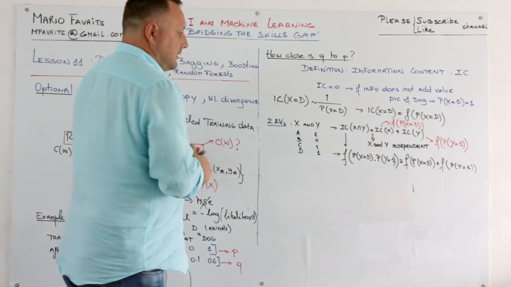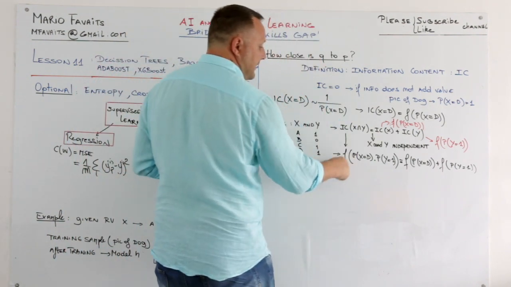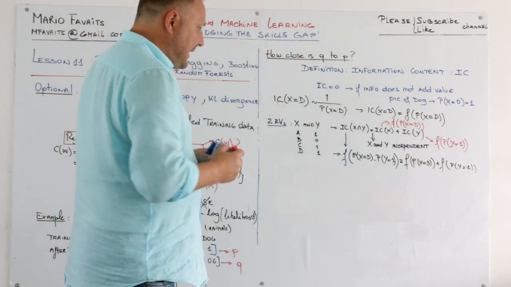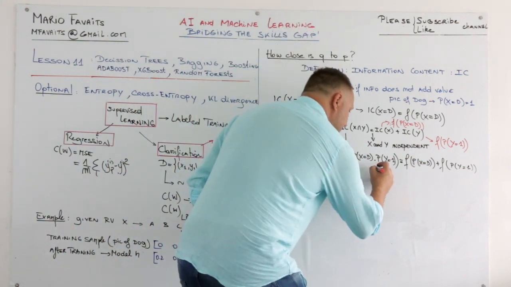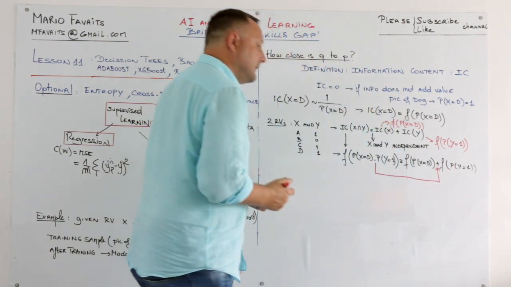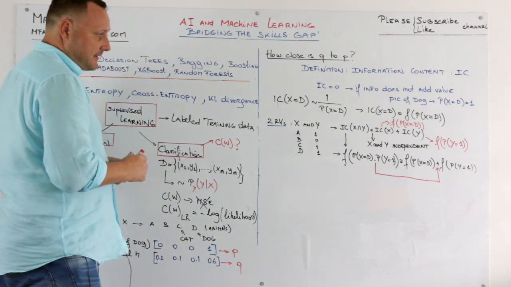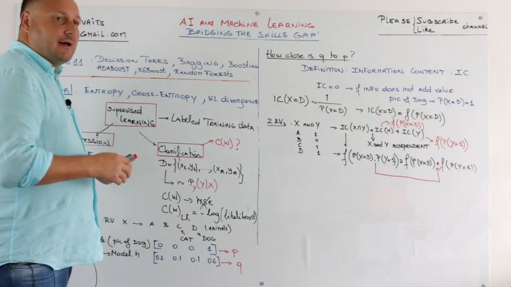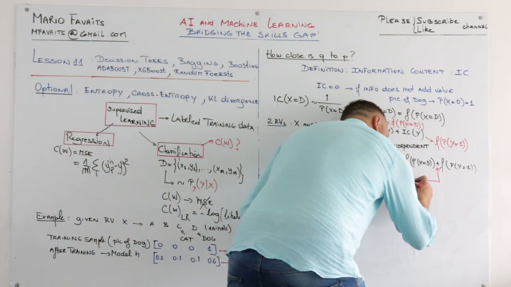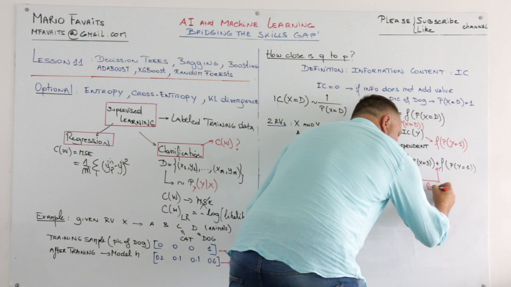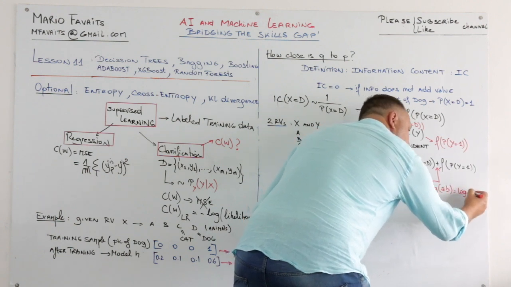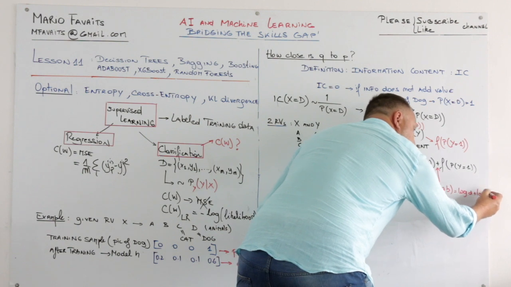So I just used functions to go from here to there. And what we see here is very interesting: you go from a product to a sum. Which mathematical operator allows you to do that? Well, it's the log, because the log of AB is log A plus log B.